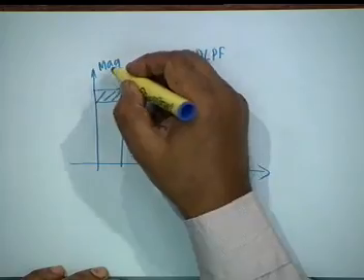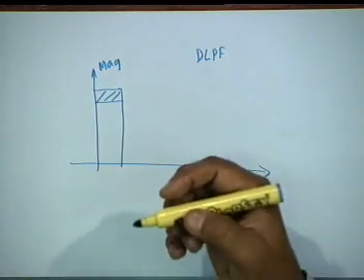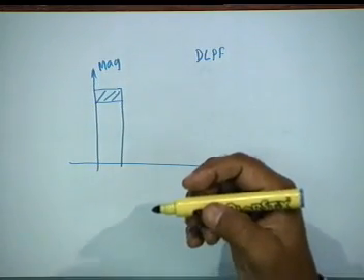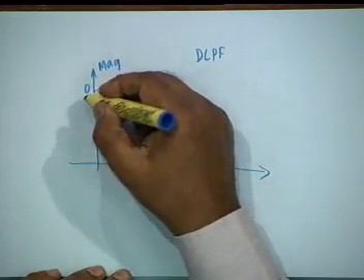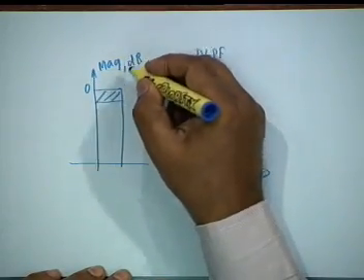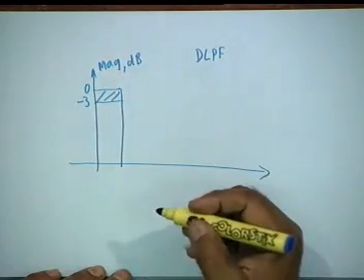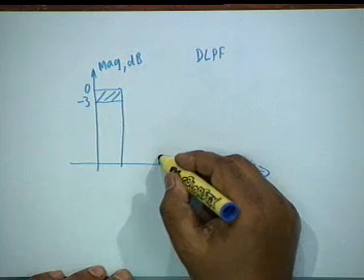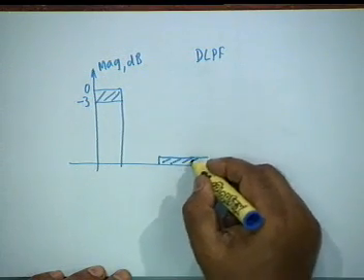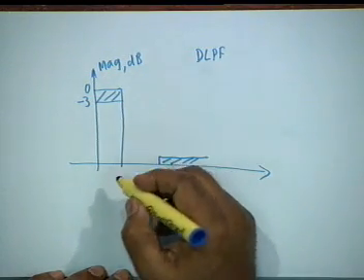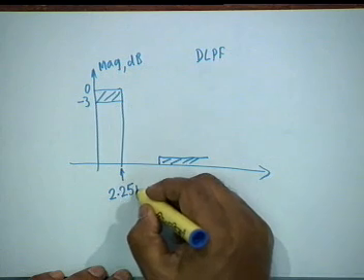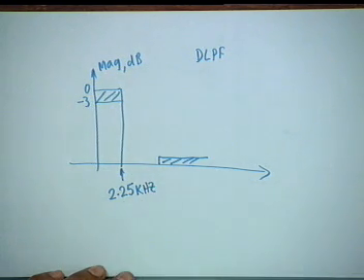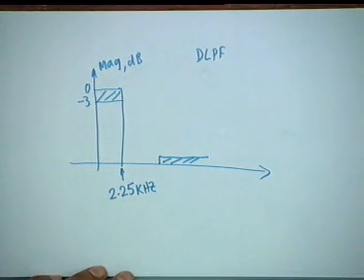Magnitude, this is to be our prototype filter which we shall transform to various other kinds of filter. This is 0, magnitude in decibel, 0, -3, and then you have stop band. Well, the pass band edge is 2.25 kilohertz.